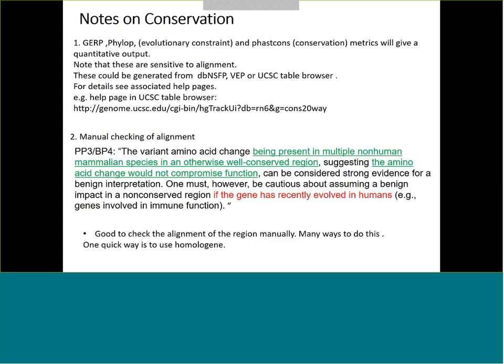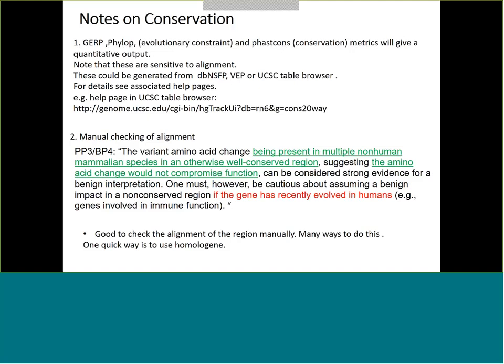And then the last thing I'll just briefly touch upon is the conservation, which is basically GERP, PhyloP. Those are the evolutionary constraint measures, and PhastCons is more of a conservation metric, which will give you a quantitative output. Now, these are sensitive to alignment, so you probably need to test different kinds of alignments, which are possible for PhyloP and PhastCons, and I think also for GERP.